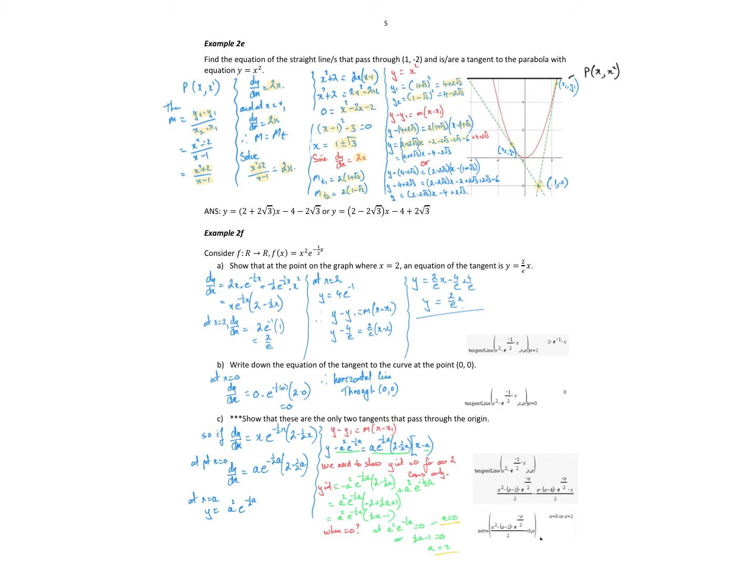Expand every term, 4 terms. So I get 2 times negative 1, 2 times root 3, 2 root 3 times negative 1, 2 root 3 times root 3. Then bring that y value across to the right-hand side, which will give me 4 plus 2 root 3. If I group the terms together, my 2 plus 2 root 3 x term doesn't change, but I get a y-intercept of negative 4 minus 2 root 3.